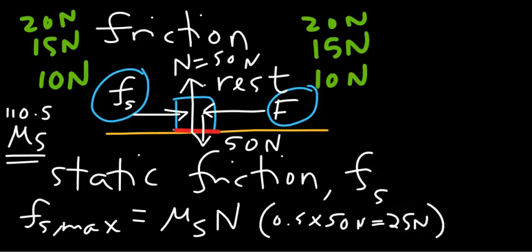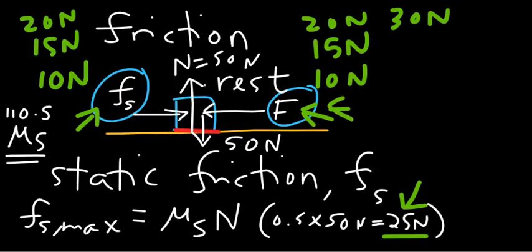So now the question is, what happens if you push this block with a force greater than 25 newtons, say 30 newtons? The moment this push force becomes greater than the maximum static friction, the static friction will cease to exist and the block will start to move to the left.